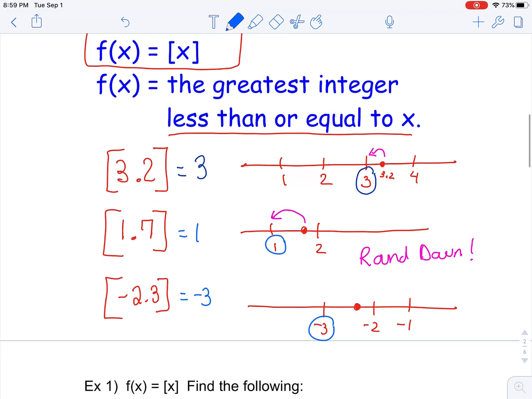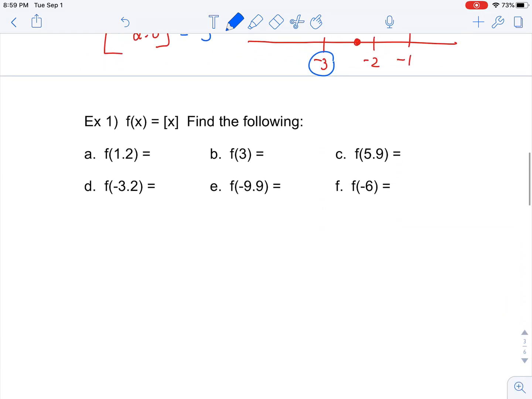So the first thing we want to be able to do is evaluate the greatest integer function. Like what we saw before, if I gave you the greatest integer function, and I said I wanted you to find f of 1.2, what I'm asking is for you to plug in 1.2 here. So I want to know what is the greatest integer of 1.2.